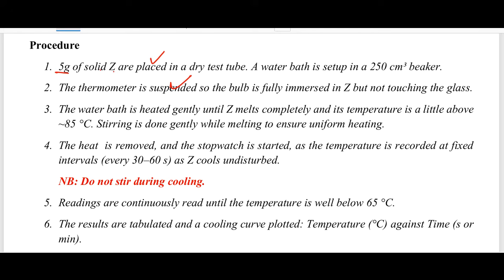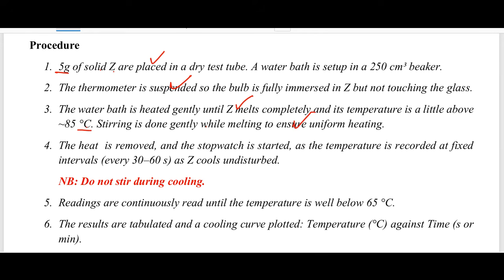Then the water bath is heated gently until Z melts completely and its temperature is still above 85 degrees Celsius. Stirring is done gently while melting to ensure uniform heating.